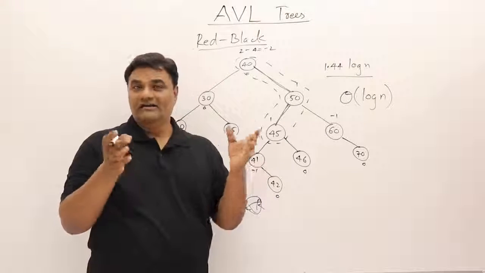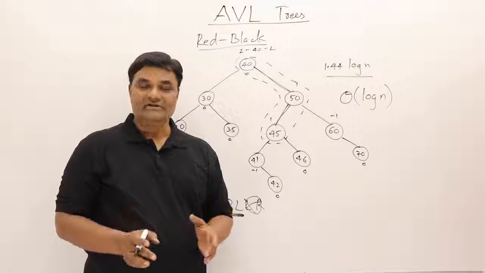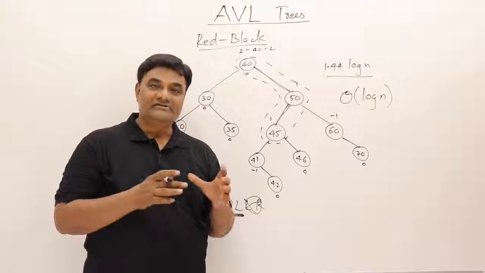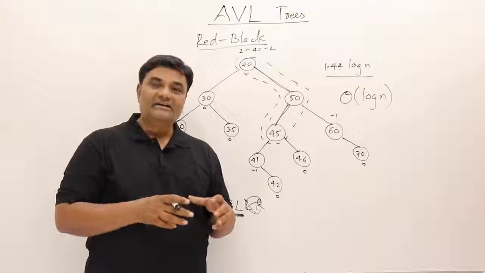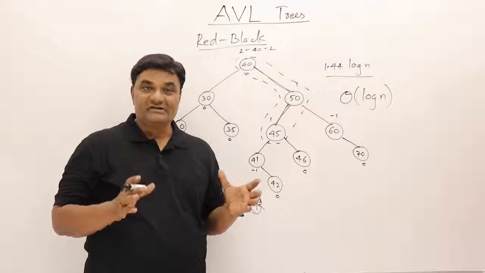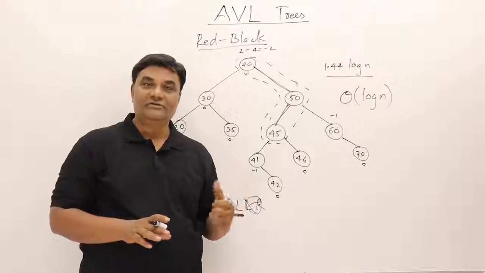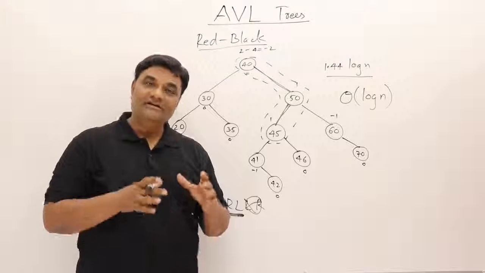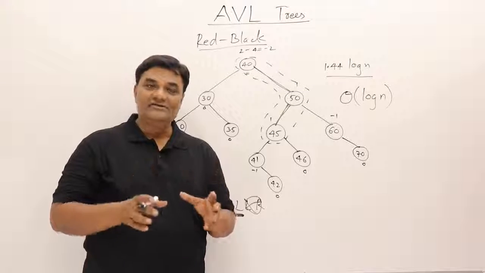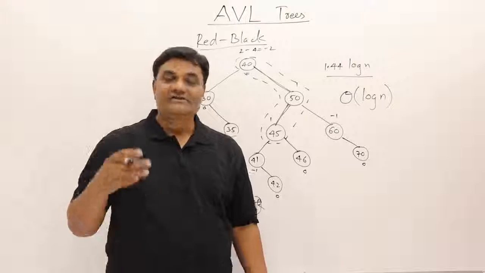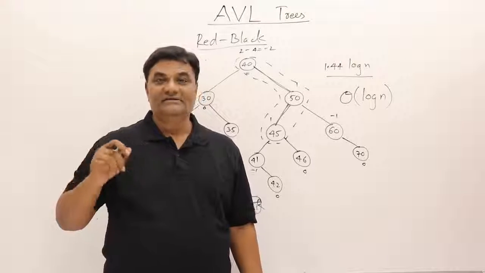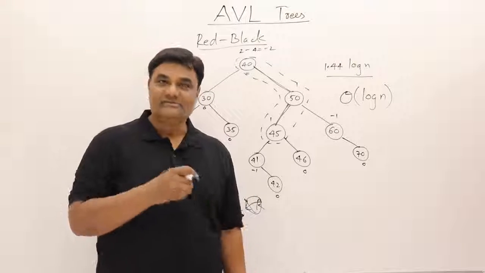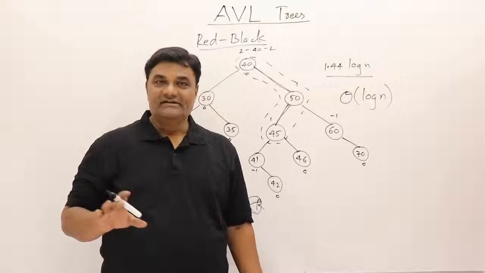To avoid those frequent rotations, the red-black tree is used. The red-black tree does not have such strict rules as compared to the AVL tree. But the red-black tree is also as efficient as the AVL tree. So these are two height balanced binary search trees. So we have discussed the AVL tree. That's all about this.